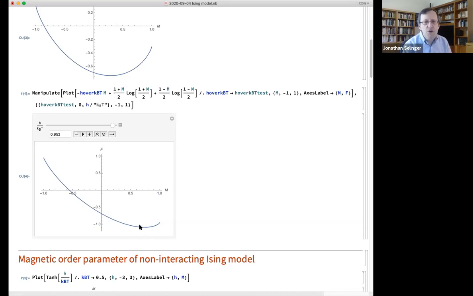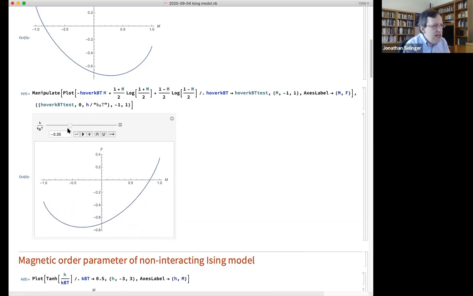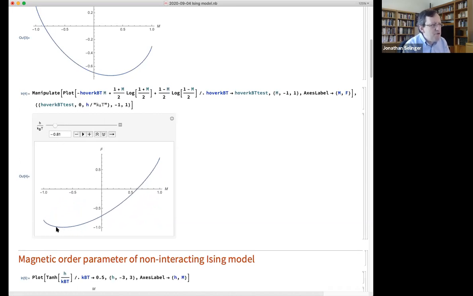It shifts over to a positive order parameter. And when the magnetic field is negative, the minimum shifts over to a negative order parameter. So we might say the magnetic field induces an order parameter, an induced magnetization which is a result of the magnetic field.